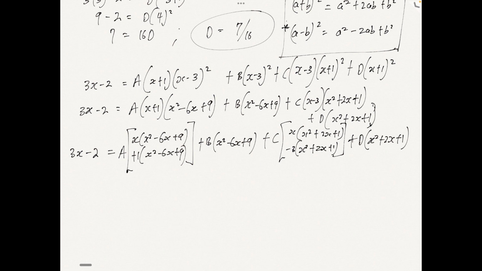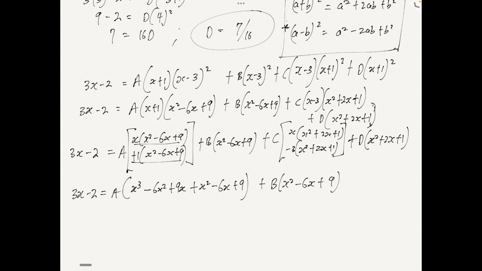Now, having done that, we have 3x minus 2 is equal to a into x raised to power 3. That means we're opening this first. x raised to power 3 minus 6x squared plus 9x, and after this, plus x squared minus 6x plus 9. Then we can move ahead with our b into x squared minus 6x plus 9.